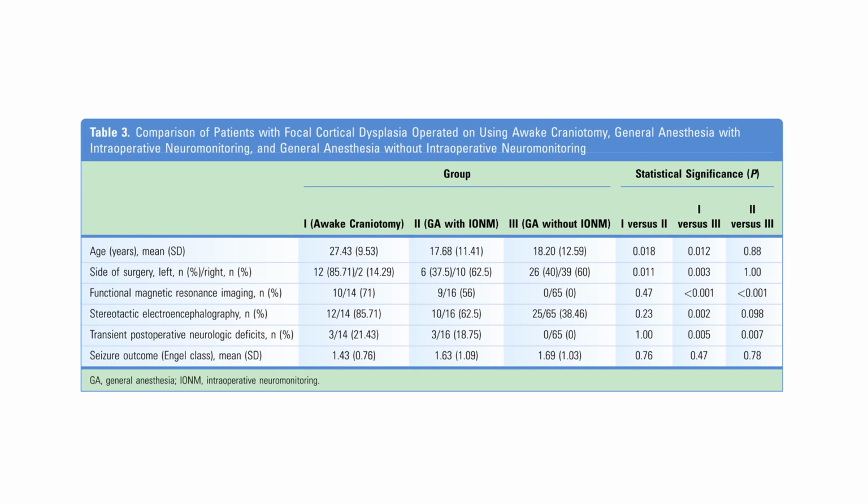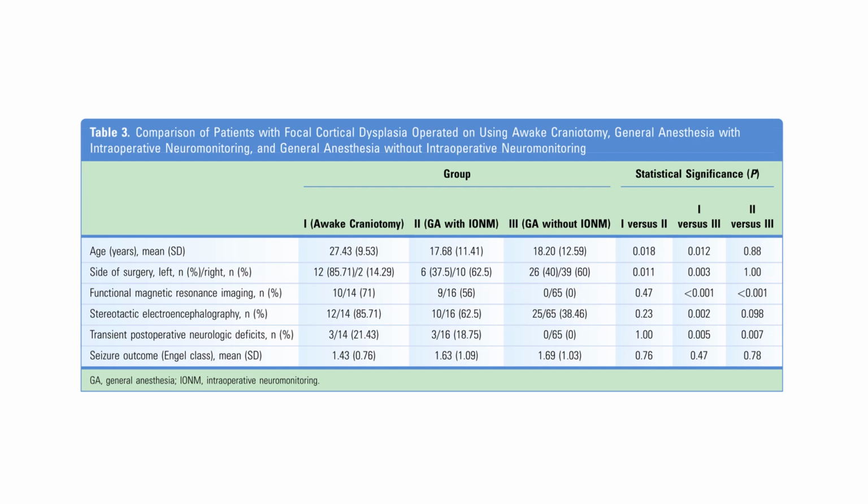This is a table from the paper that I showed you in the beginning. It summarizes our experience with surgery for focal cortical dysplasia. So our series consists of 95 cases in general. In the awake craniotomy group, 14 patients. In the intraoperative monitoring with general anesthesia, 16 cases, and general anesthesia without monitoring, 65 cases.